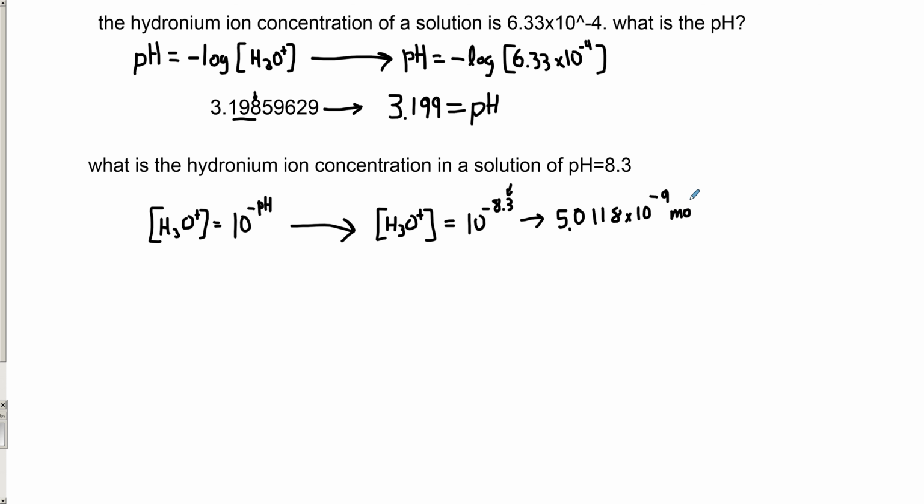Since we only have one decimal in the pH, we get 1 sig dig, so we quite simply have 5 times 10 to the minus 9 moles per liter. And then we're good. So remember that rule: the number of sig digs in the concentration is the number of decimals in the pH.